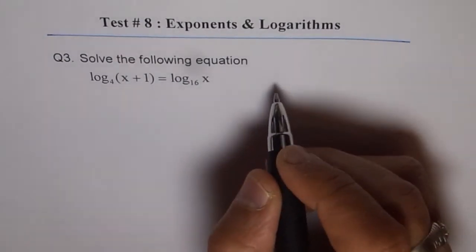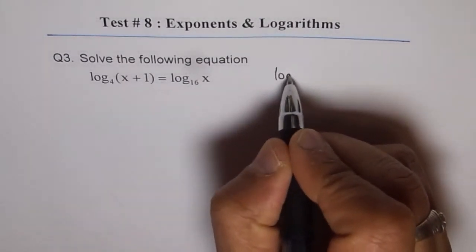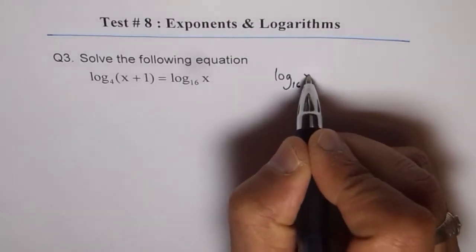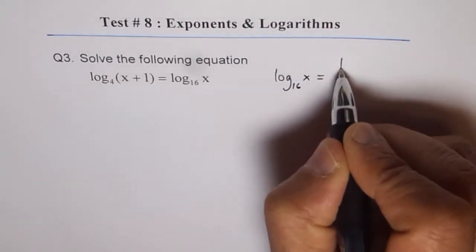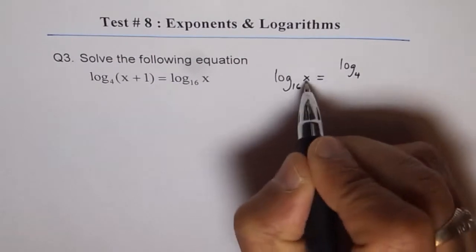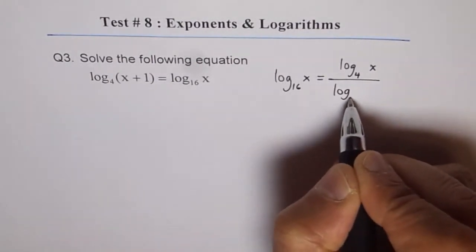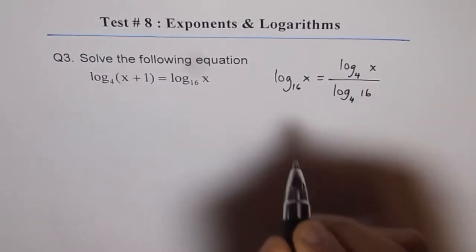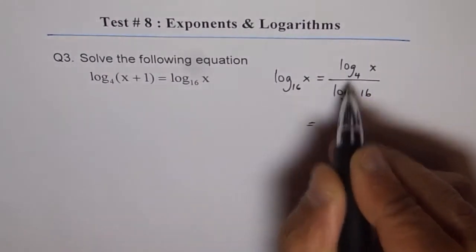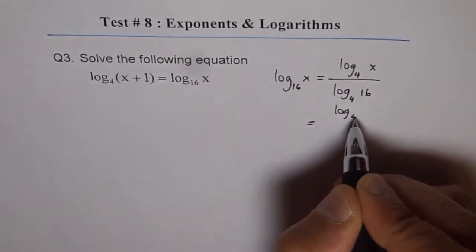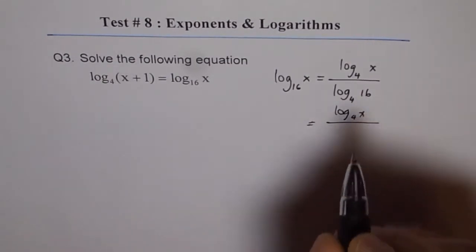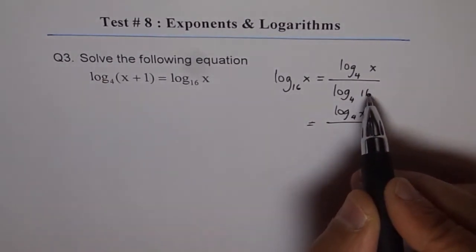So let's apply the change of base formula. We'll do this separately. Log 16 of x is equal to log to the base 4 of x divided by log to the base 4 of 16, correct? The numerator is log to the base 4 of x, and in the denominator 16 could be written as 4 squared, right?